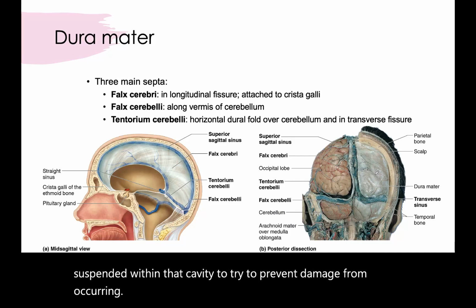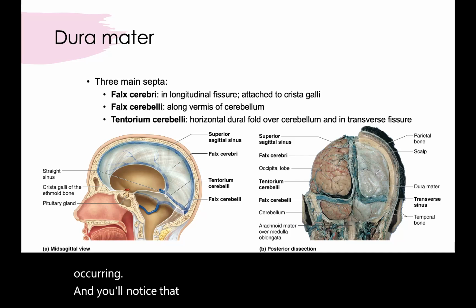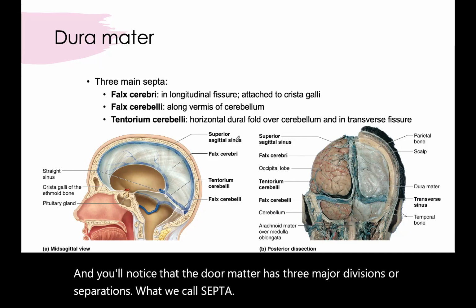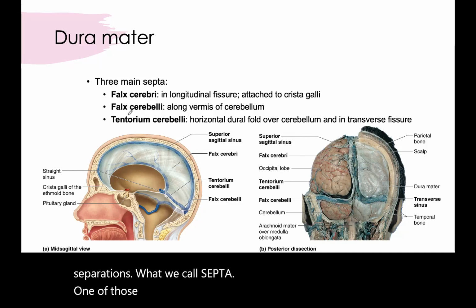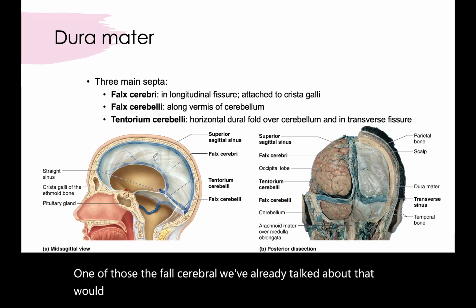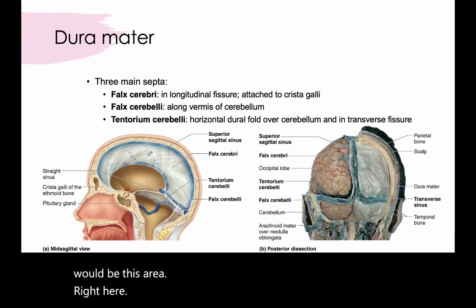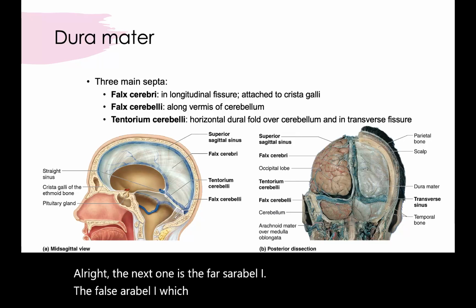And you'll notice that the dura mater has three major divisions, or separations, what we call septa. One of those, the falx cerebri, we've already talked about. That would be this area right here. The next one is the falx cerebelli, which is this extension down here.